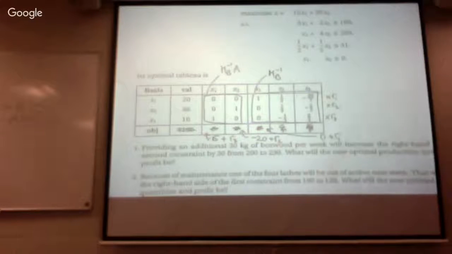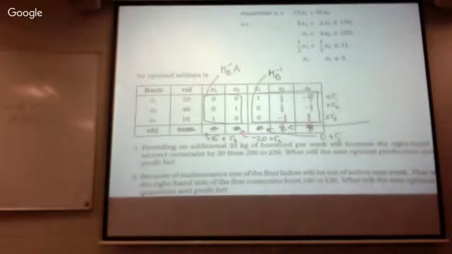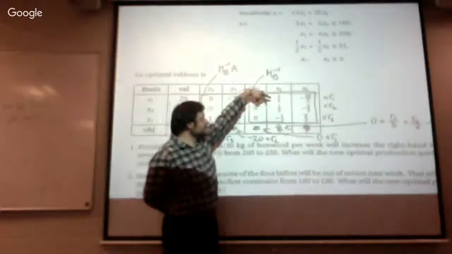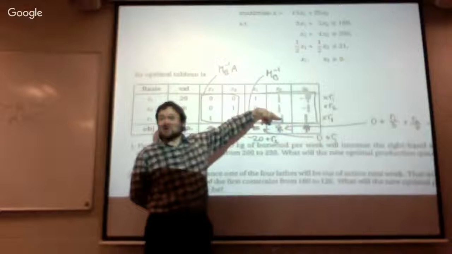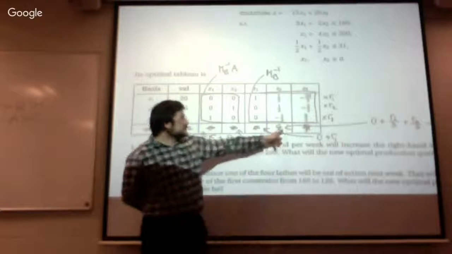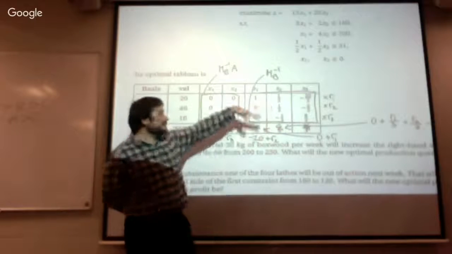And this entry, there was 0 when we started pivoting, and there will be R1 divided by 3 plus R2 divided by 3 minus R3 divided by 3. Because we multiply this whole row by R1, this whole row by R2, this whole row by R3, add them all together and add it to the 0 that was there to start with. Okay, that's what we do.